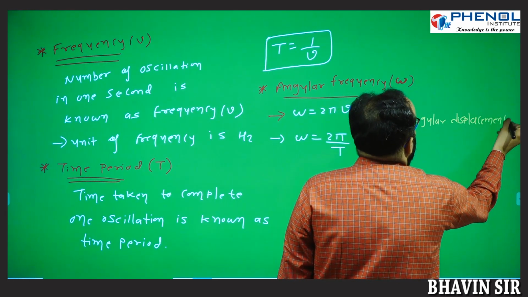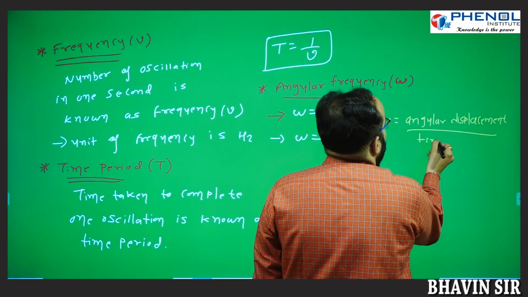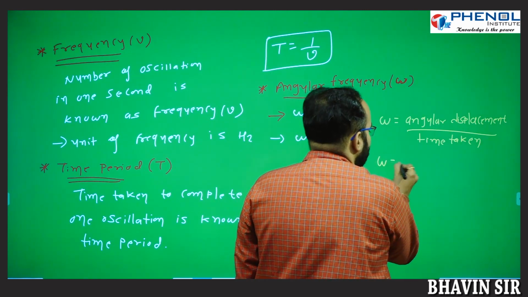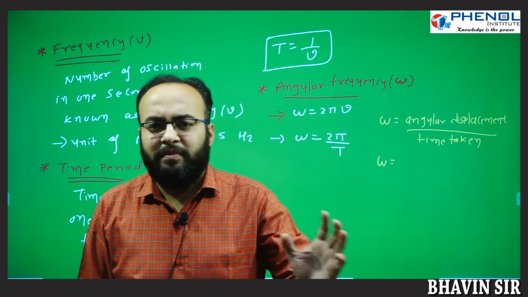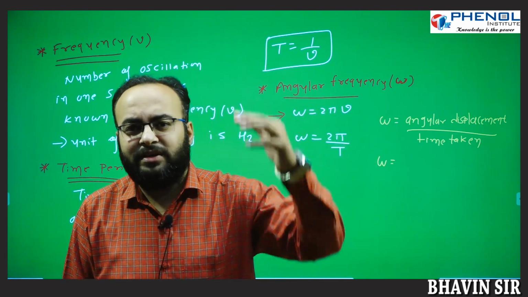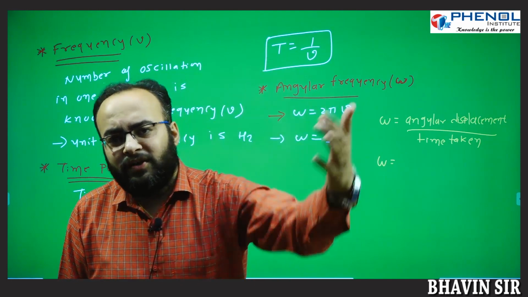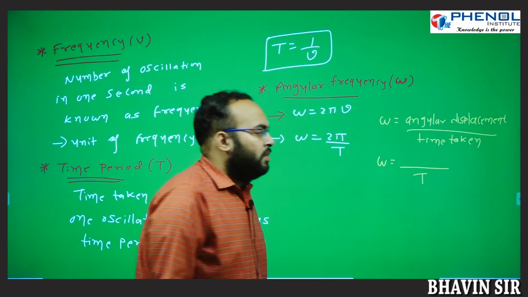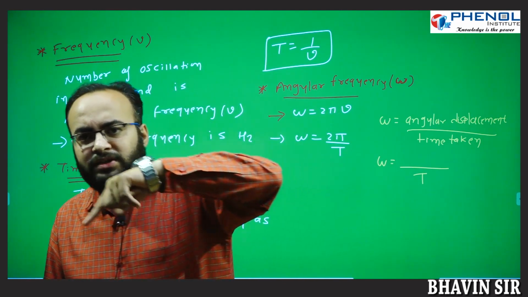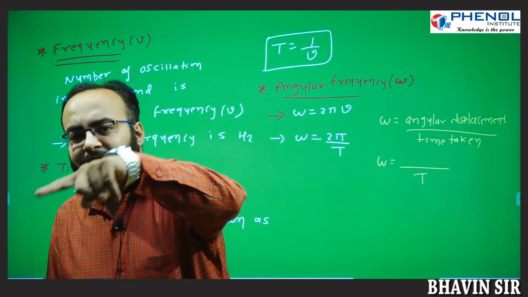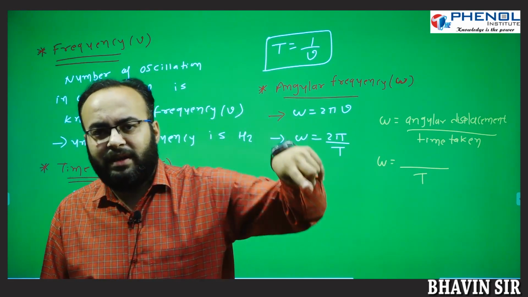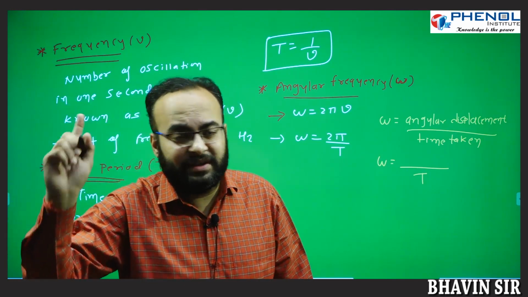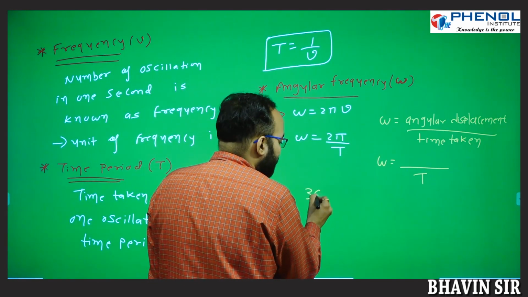This is proved from rotational motion. Angular velocity means angular displacement by time taken, right? Velocity means displacement by time taken. So see, students, during one rotation, what is the angular displacement? 360 degrees.